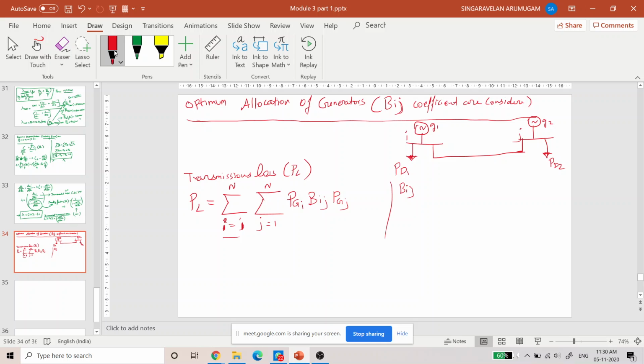Because of the generation there are some losses. So Bij is the loss formula coefficient matrix.